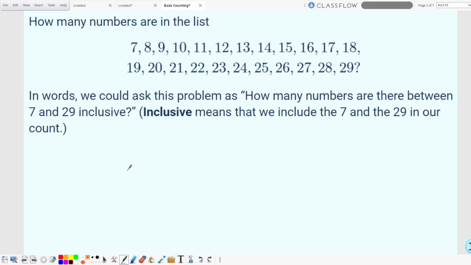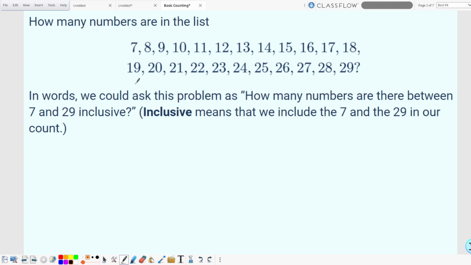So let's try a problem with a little bit more involvement in it. In this problem, it wants us to show how many numbers are in this list. But really, if we look at it, it starts at 7, goes up 8, 9, 10, 11, going up by 1 each time, ending at the value 29.